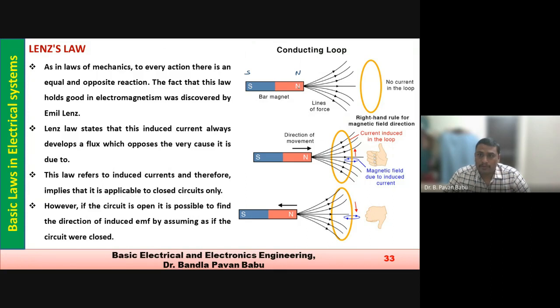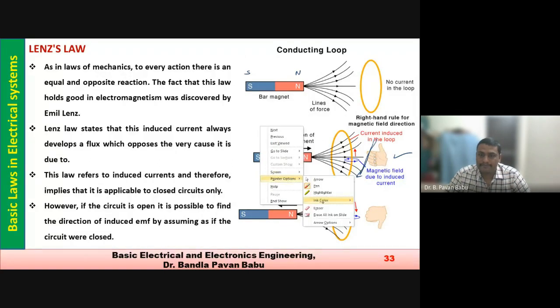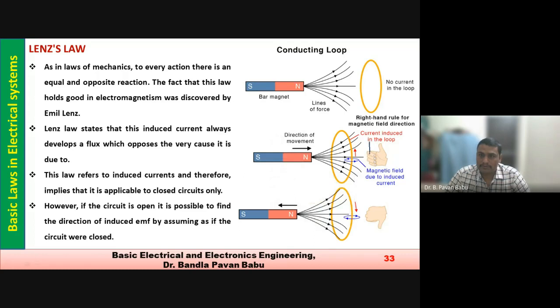If you observe this picture, suppose you are holding a conductor in this position, carrying it like a bottle or holding a stick in this direction. If this is the direction of current, this will be the direction of magnetic field. So it is perpendicular.